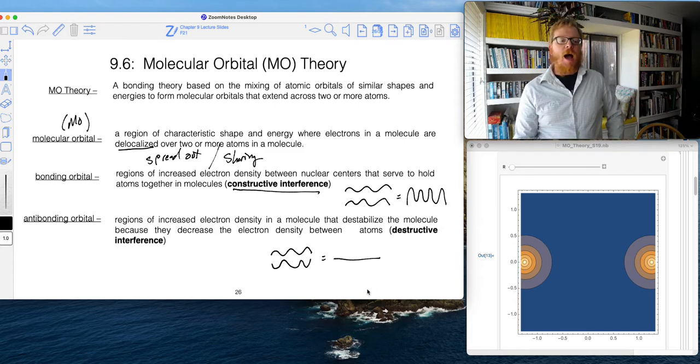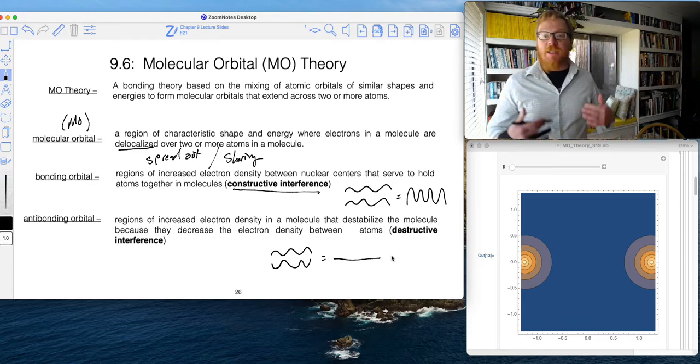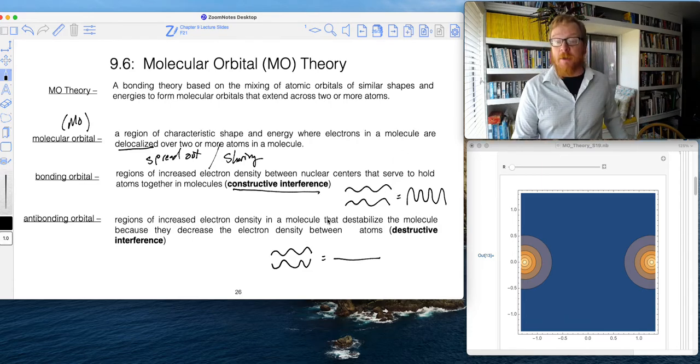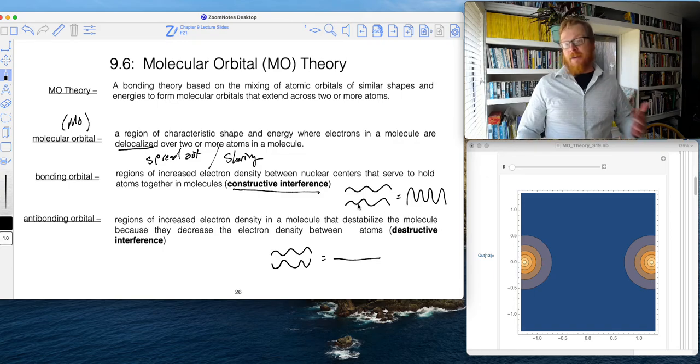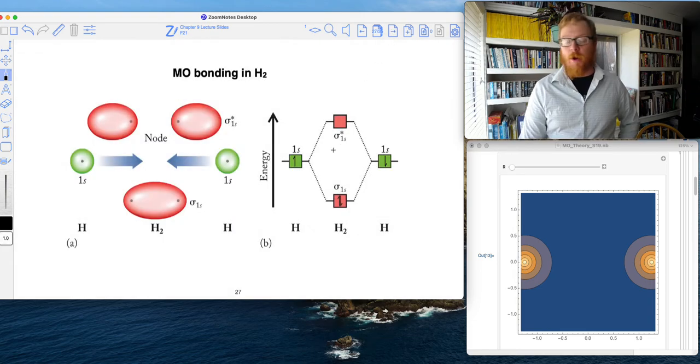So even though these orbitals are rather complex ideas, it's rooted in this very simple idea of adding waves together and getting regions of constructive interference that give us bonding, or regions of destructive interference that give us antibonding.